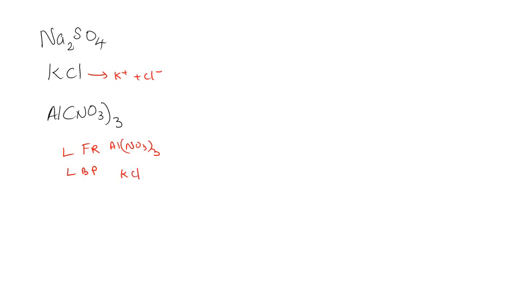Which one will have the highest boiling point? The highest boiling point will be for the greater number of particles. So we have 4 particles here. So you will get the highest boiling point when you add Al(NO3)3 to the solvent.